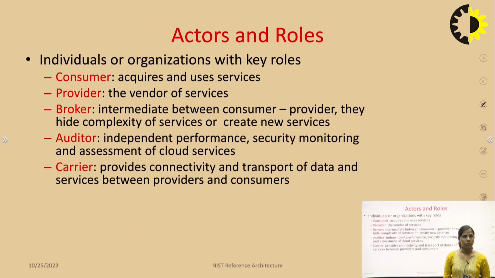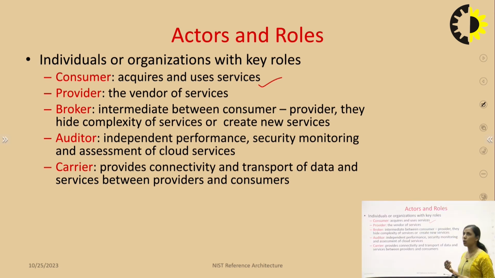Now, one individual key role is the consumer, which acquires and uses the services. Who are they? We are the consumers, acquiring different services like Gmail; Google provides different services and we use them. So these are the consumers who acquire and use the services, and on the basis of usage they pay the particular amount.